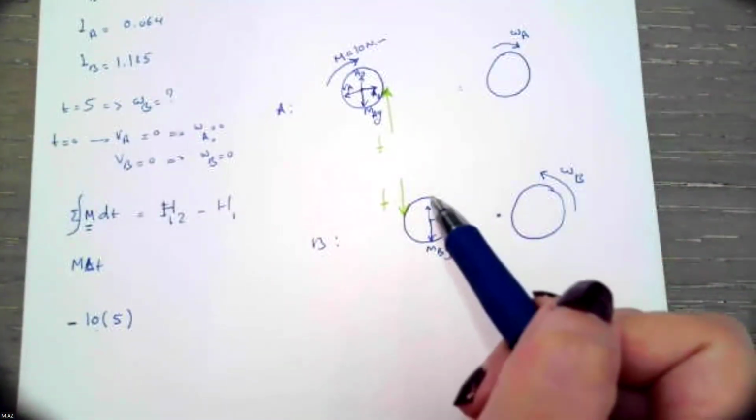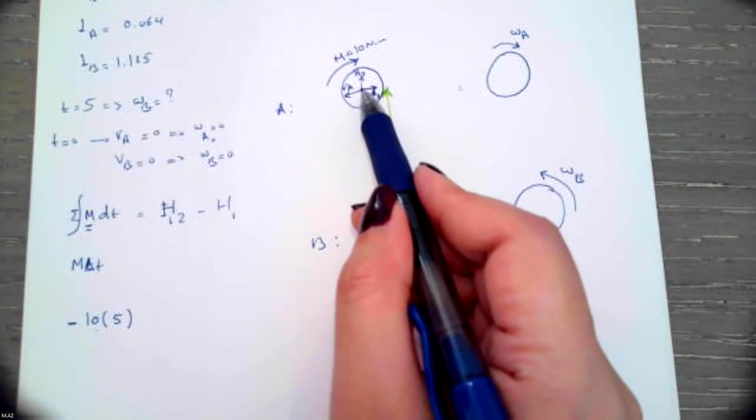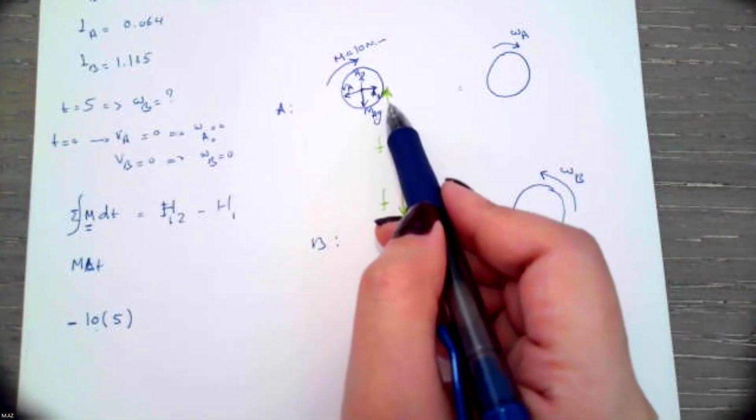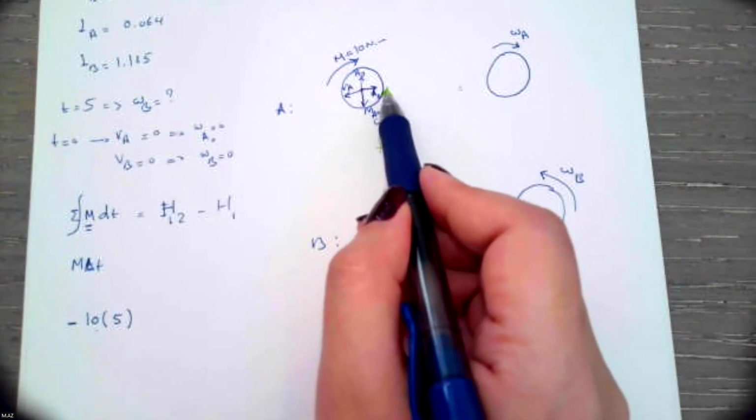And another force that makes a moment for gear A is the friction force. And how about the direction?